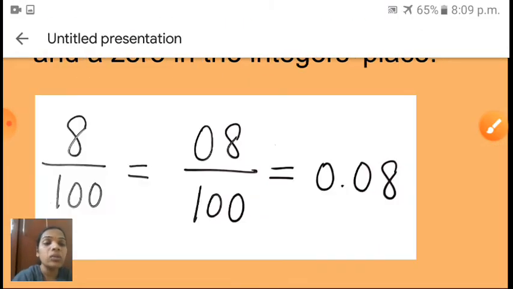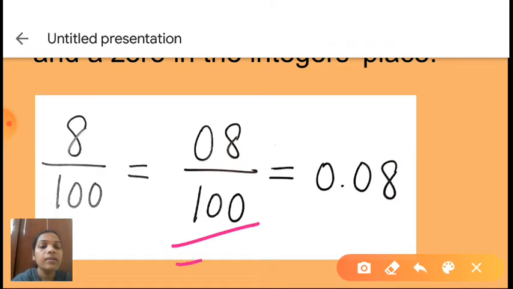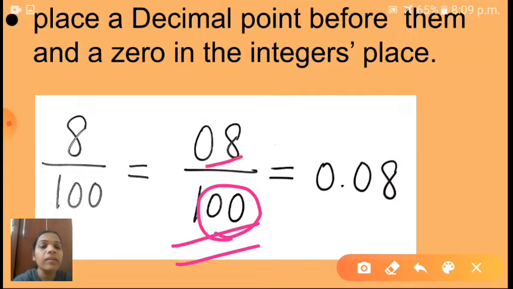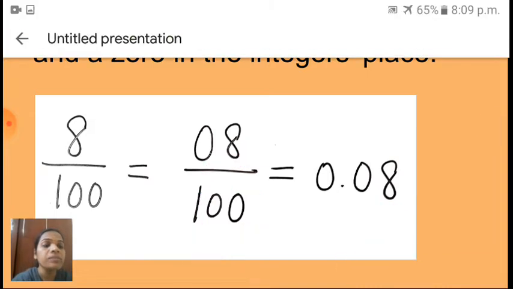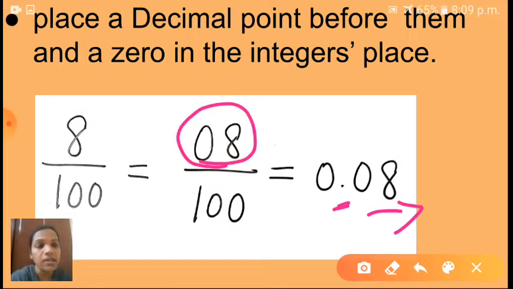Next, place the decimal point before them and a 0 in the integers place. Now see here, 2 zeros and a 2 digit number. So it is easy, isn't it children? Keep the decimal point here, and after the decimal point write this number, that means 08, and in the integers place write 0.